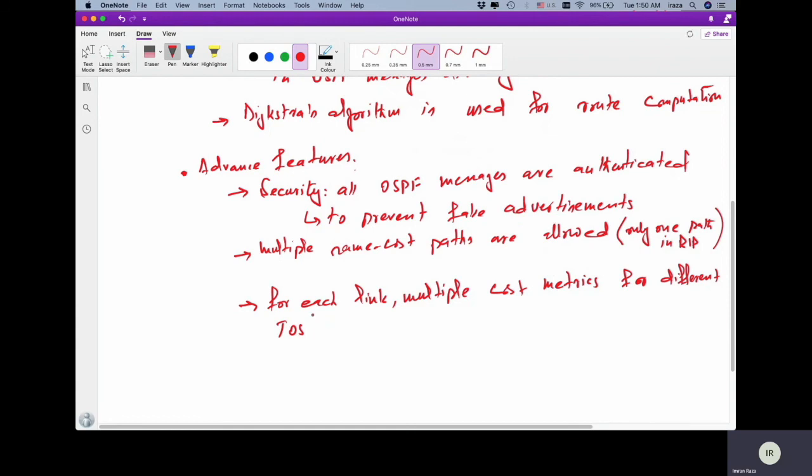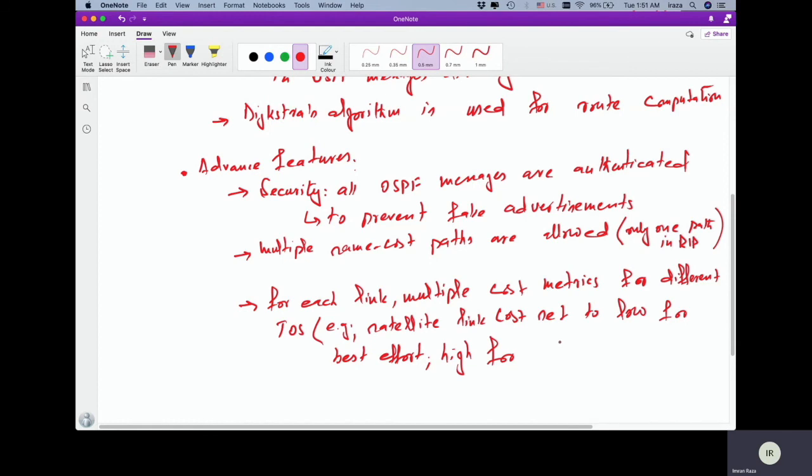For example, a satellite link cost can be set to low for best effort, but if we have some real-time traffic, we can set it high. So high for real time.